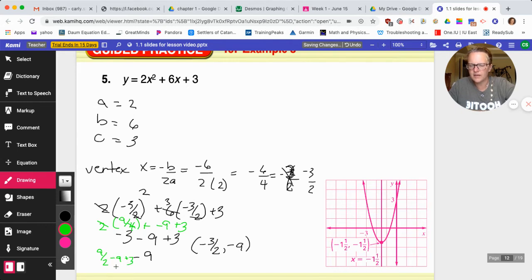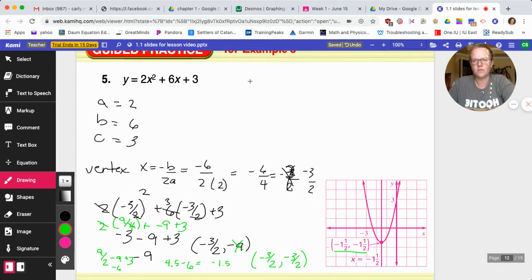Let's see, that would be 9, 8, 7, 6. 9 halves is the same as 4.5 minus 6 is negative 1.5. So negative 3 halves, negative 3 halves, which is what we have here. All right, so we found the vertex. That took a while.